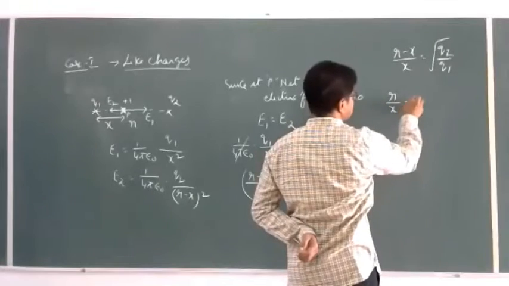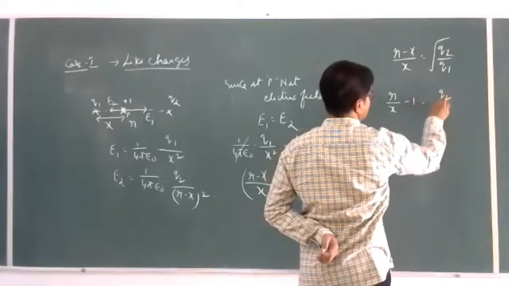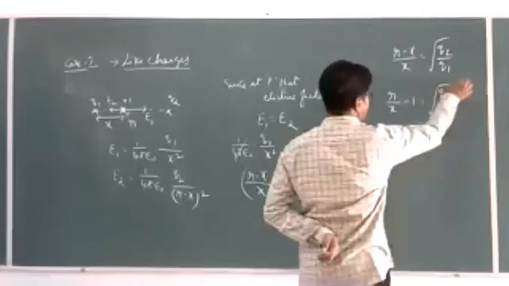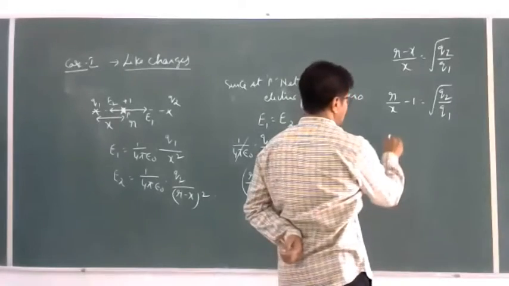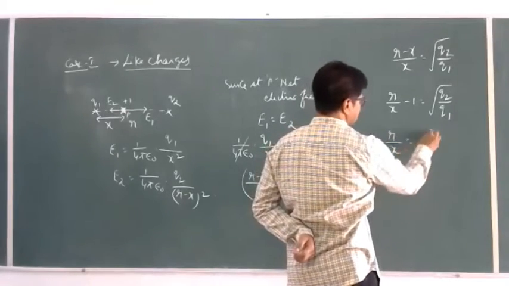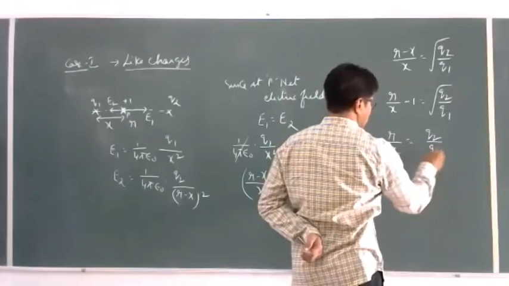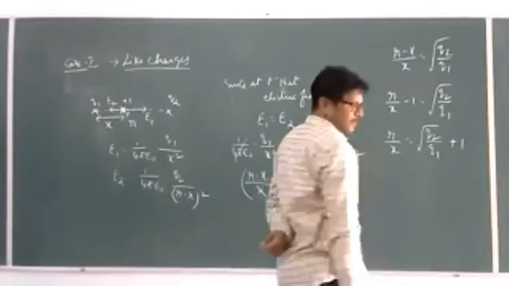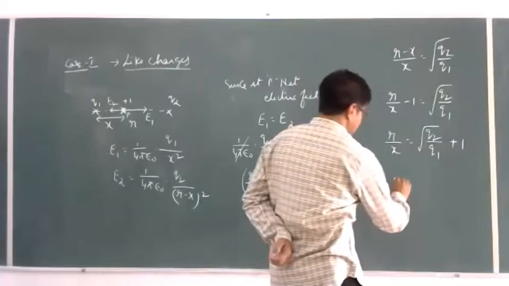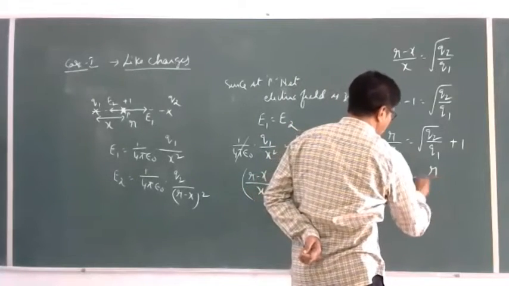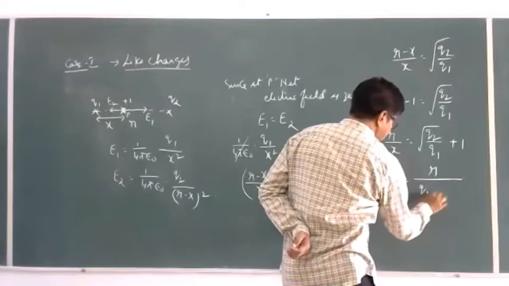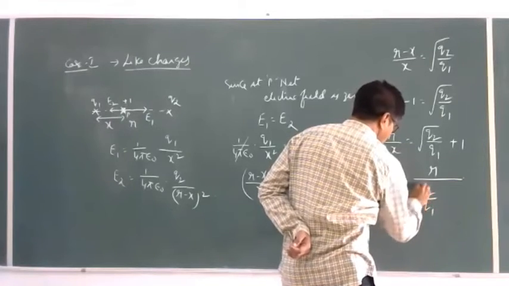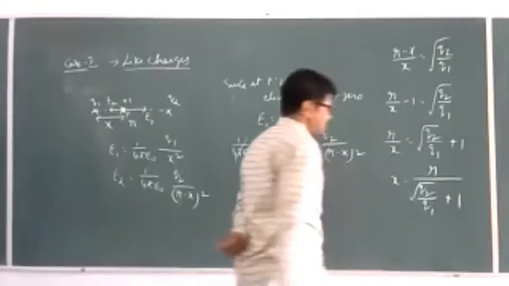R by x minus 1 is equal to square root of Q2 by Q1. R by x is equal to square root of Q2 by Q1 plus 1, since the minus 1 goes to that side as plus 1. Then x is equal to R divided by (square root of Q2 by Q1 plus 1).